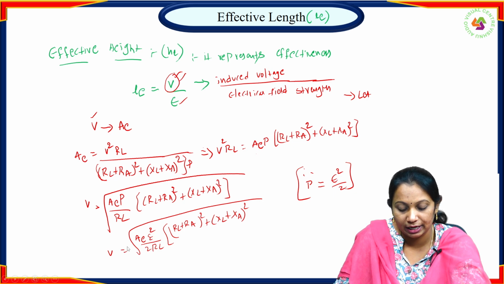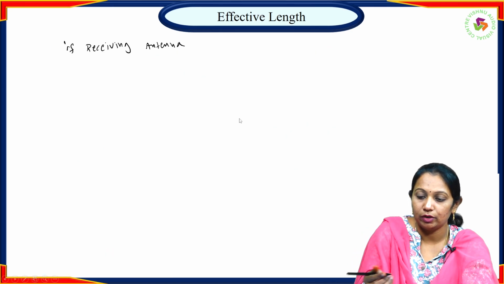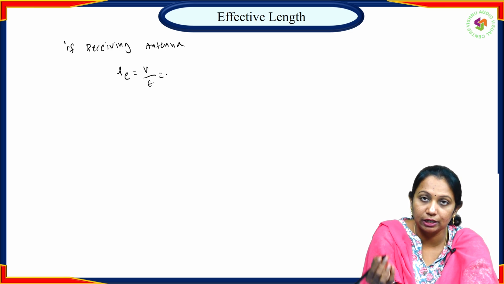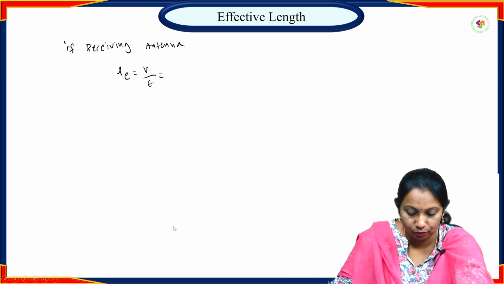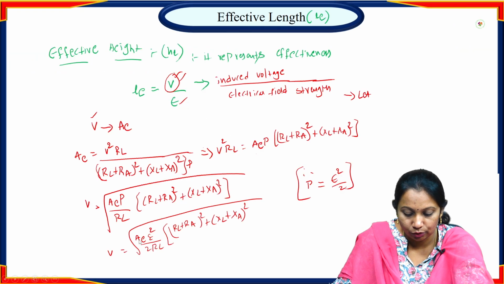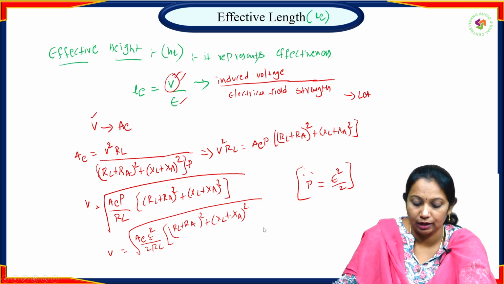If it is a receiving antenna case, I have taken out E as outside, then I will write it as V by E. So we are going to calculate the expression for LE, and I have extracted V out of the root. The remaining parameters: V is equal to root of AE by Z into RL.